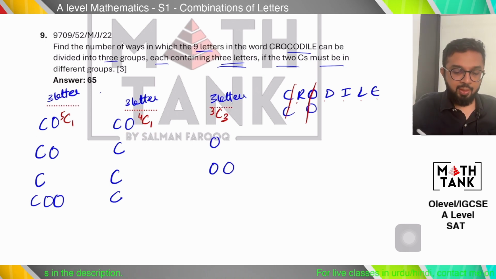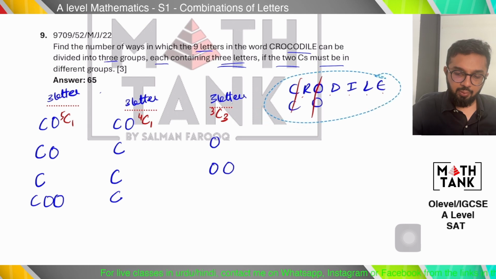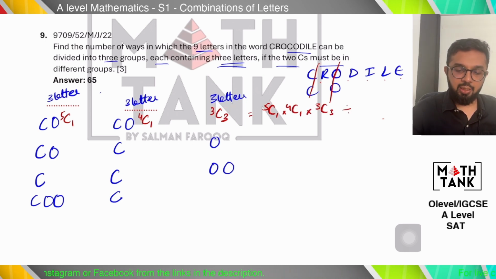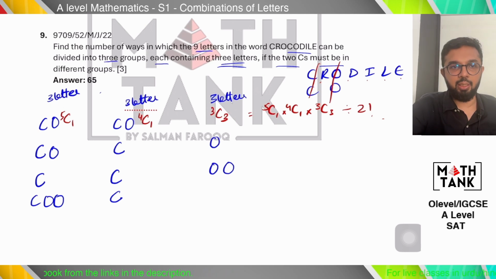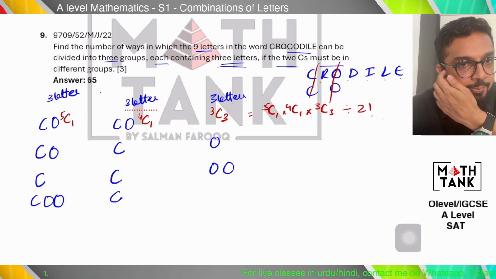So what do you do? Since these groups are identical, this case will become 5C1 into 4C1 into 3C3 divided by 2 factorial. The entire thing divided by 2 factorial. Okay, and that's important to understand. Why?